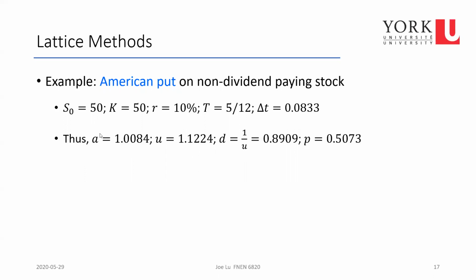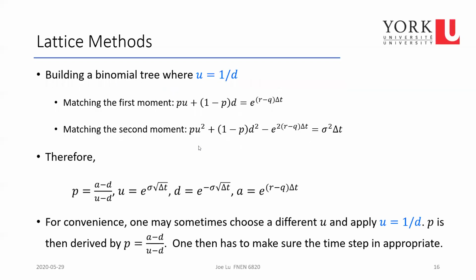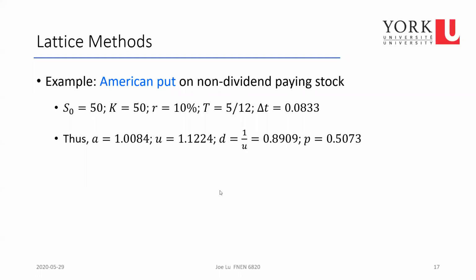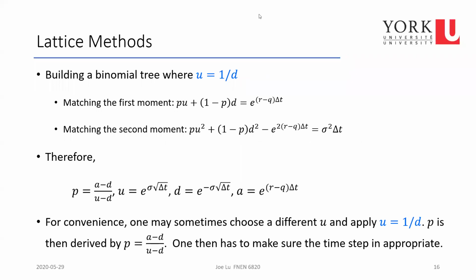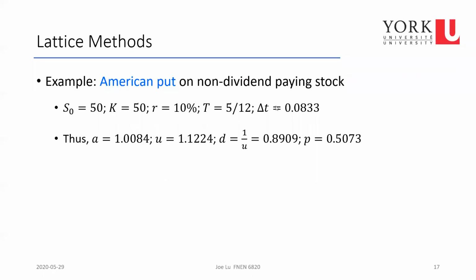Now from that, we calculate an A equal to 1.0084, and in this case, we have chosen a particular value of U. And then D is 1 over U. So this particular choice of U determines what choice of sigma we actually have.